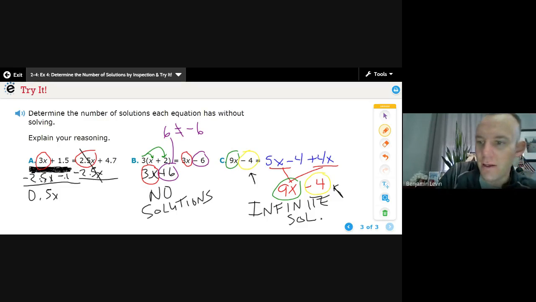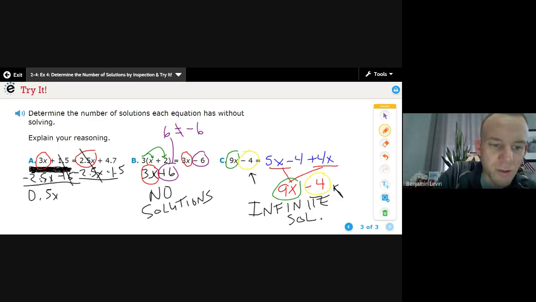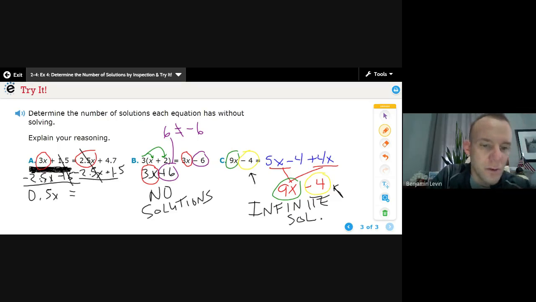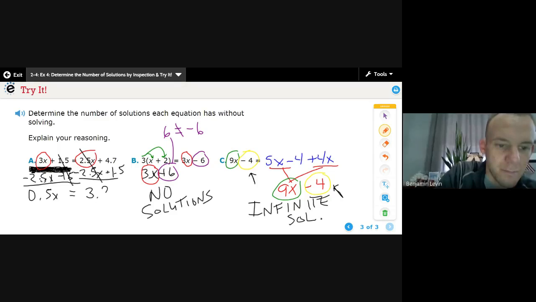Sorry, I'm trying to write really small and my stylus is not cooperating. I have 4.7, so I subtract 1.5 to get rid of it. 4.7 minus 1.5 is 3.2.